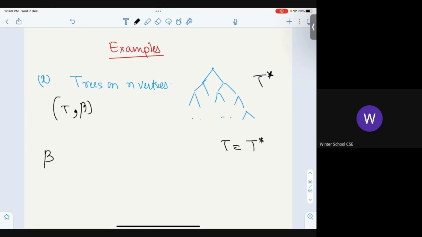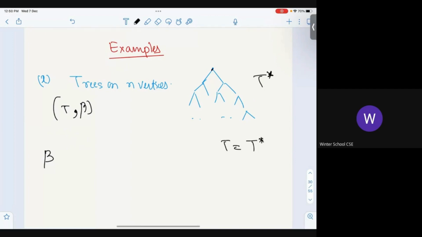We are getting good. No, all of you are thinking. If trees are not tree-like, then what is tree-like?